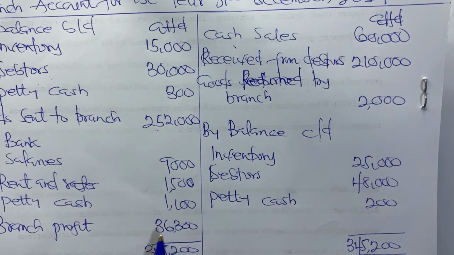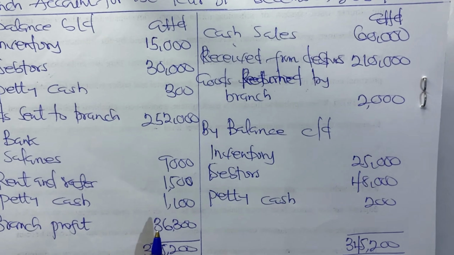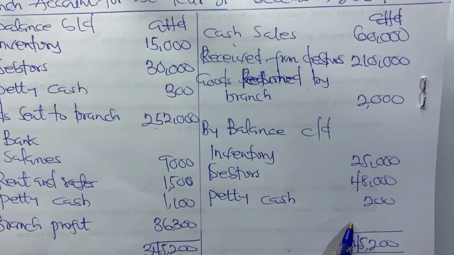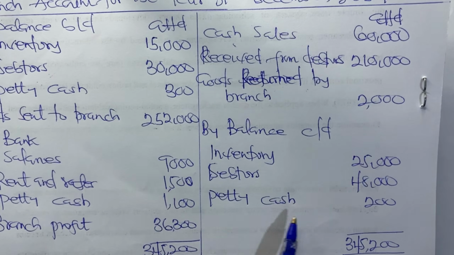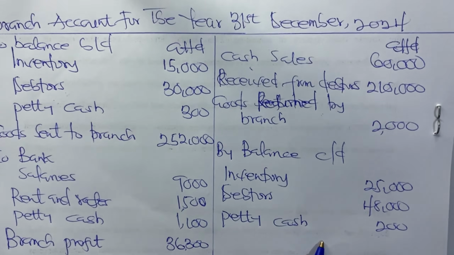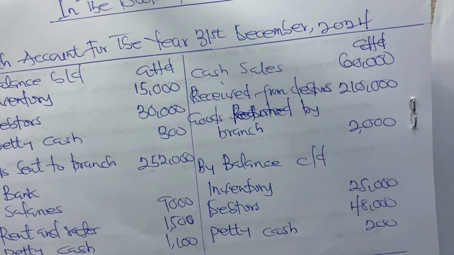But if the total of the debit side is bigger than the credit side, the difference will be found at the credit side of the branch account, and we name that branch loss. Is that okay? Good. Basically, this is how we prepare branch accounts in the book of the head office.